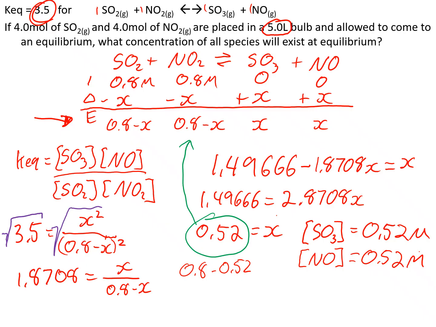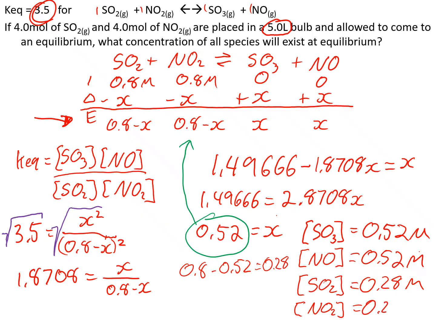So these are going to equal 0.28. Okay, and so that means that SO2 is 0.28, and NO2 is also 0.28. And so these are my answers.